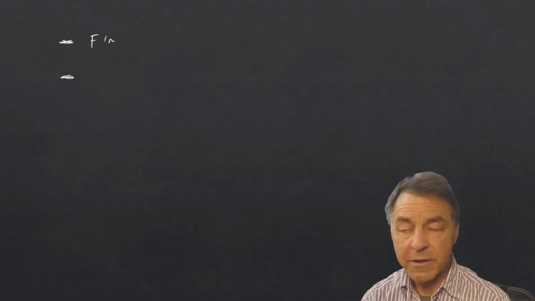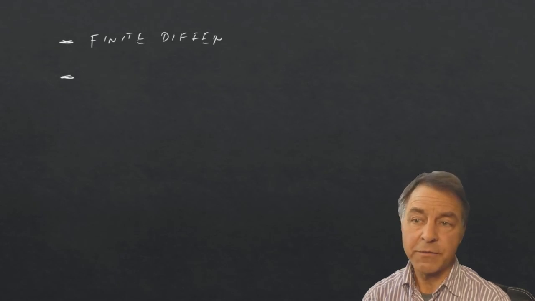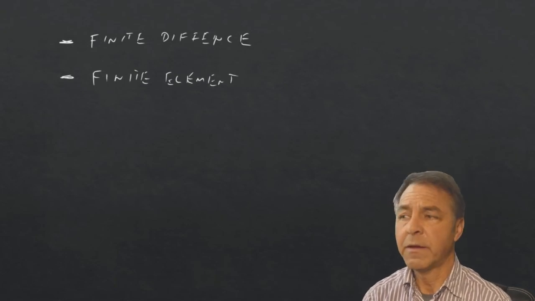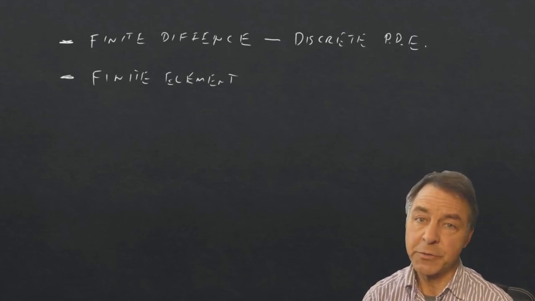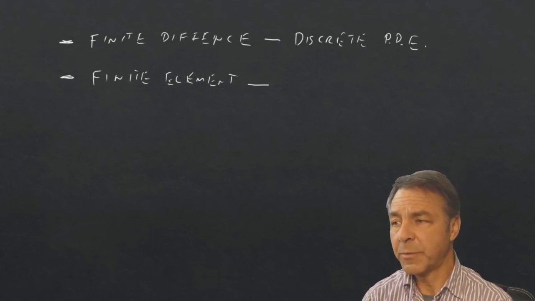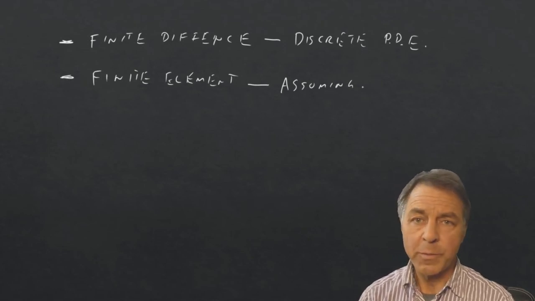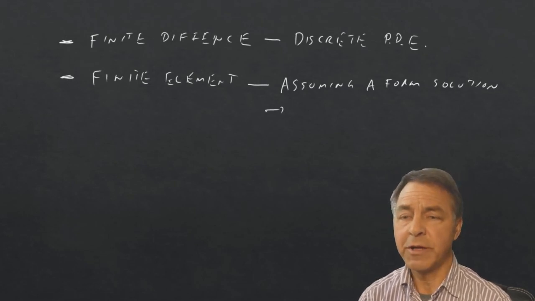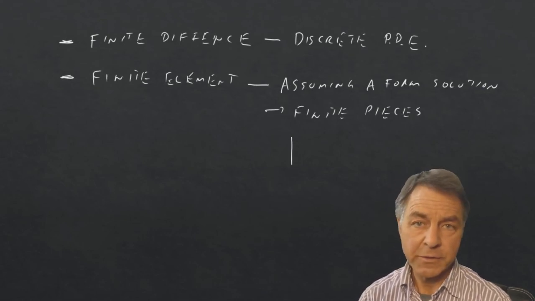The key thing to take away from this is that finite difference is really taking the differential equations directly, making them discrete, and solving them directly. Finite element method, however, is a little more subtle than that. Finite difference, you've got the discrete partial differential equations that you solve. Finite elements, you are making some assumption about the form of the finished solution, and you're using an arbitrary element function to help make the solution work.